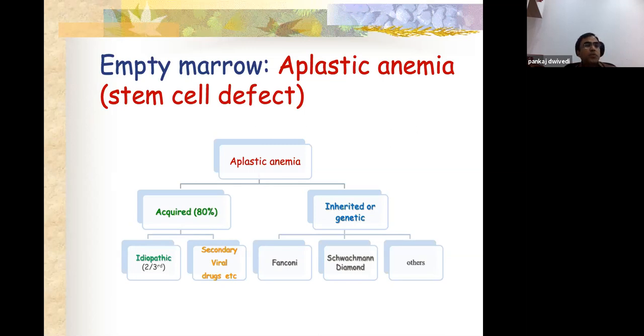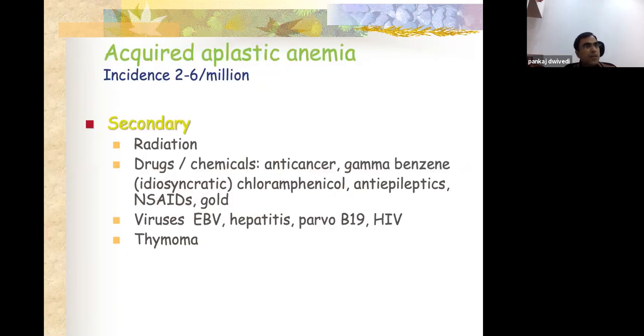Coming to the acquired, most of the time you don't know the cause, and sometimes you know it is secondary to viral infection, drugs, etc. The marrow is not able to form progenitor cells or RBCs, WBCs, and platelets in the periphery. Inherited: Fanconi's is the most common, then Shwachman-Diamond and others. We will discuss one by one in detail later on.